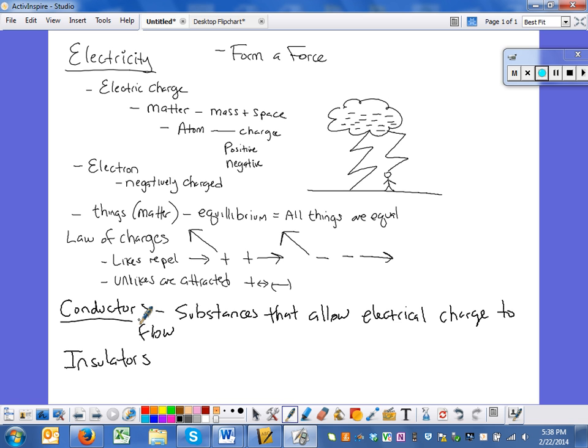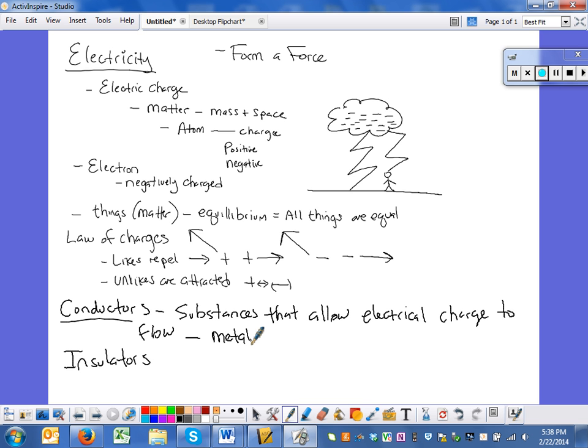And there's certain type of substances that are really good for that. One of them is metal. They make wires, electrical wires out of copper and some other types of metals. Okay? Even silver and gold, they're really good conductors of electricity.